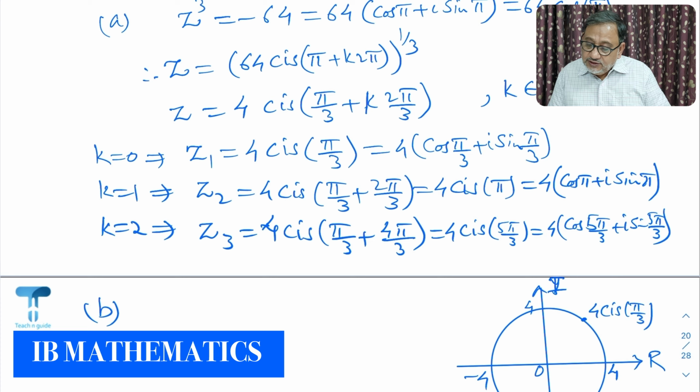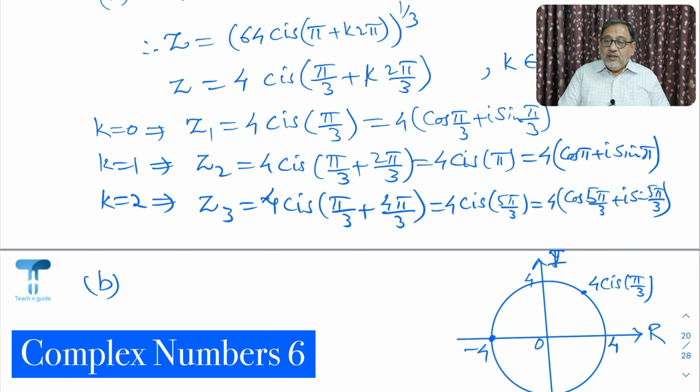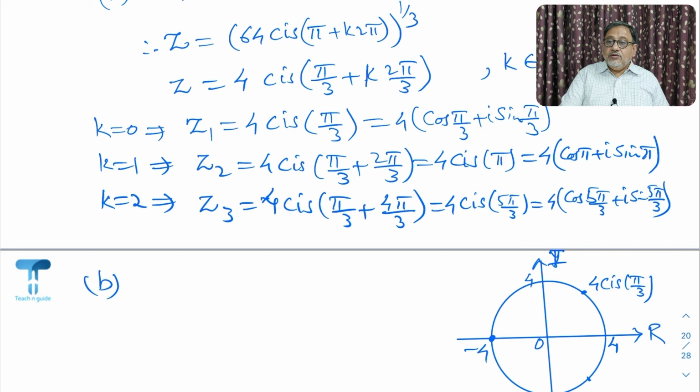Then second one is cos pi. Cos pi will be on the negative real axis. And third one is 5 pi by 3. 5 pi by 3 will be in the fourth quadrant. So this is the C point. So A, B, and this will be the C point.